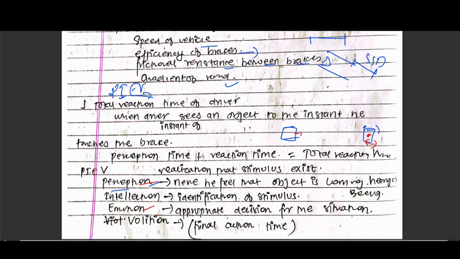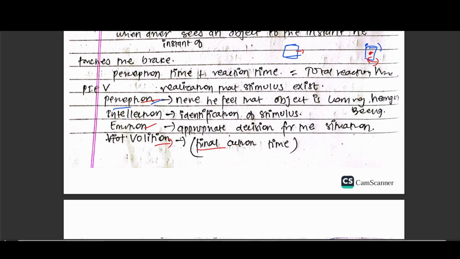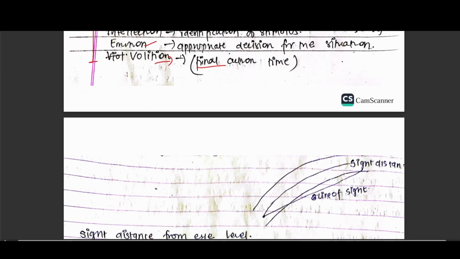After that, I identify the problem, I identify the appropriate decision, and the final one is the final action required. The time I take to shift my leg from accelerator to brake is known as the volition time. So that's why we explain this stopping sight distance phenomenon in this four-way manner.